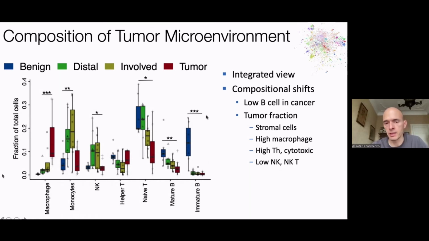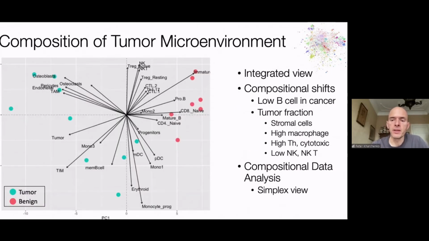Now, it's a very simple analysis, but even this analysis will give you some statistically significant results in many diseases on, let's say, a dozen samples, just because the changes in the composition of the tissue can be very substantial. That analysis does have some issues, and so what we do is actually shift to a simplex space, and this is a projection of the first two principal components in that simplex space.